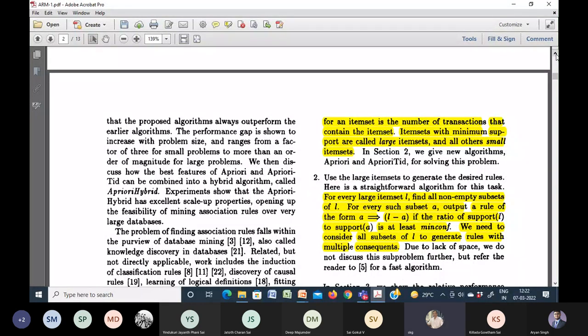For every large item set L, find all non-empty subsets of L. For every such subset A, output a rule A implies L minus A, if the ratio of support of L to support of A is at least the minimum confidence level.